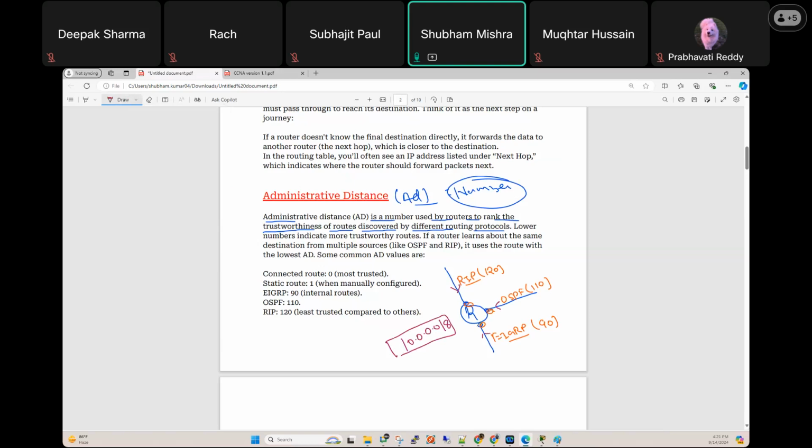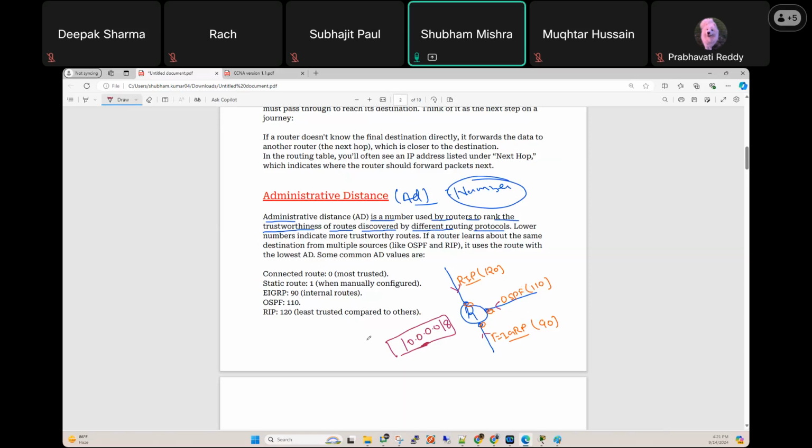It means this router is receiving the same prefix, the 10th network prefix, from RIP also, from OSPF also, and from EIGRP also. I hope you understand what I am trying to say. This router receives this prefix information from all 3 routing protocols.